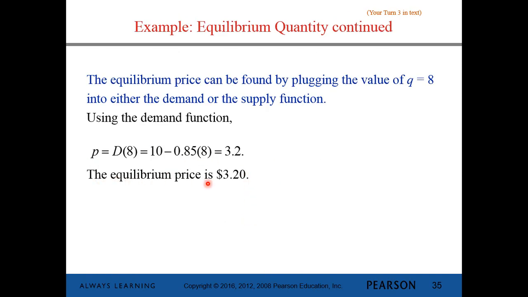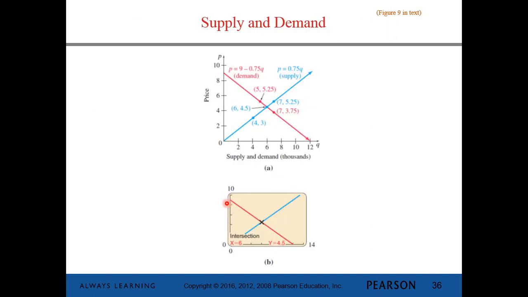Looks like the equilibrium price is going to be $3.20. So if you just mark it down by 10 cents, you will hit the equilibrium quantity, which means you're going to sell 8,000 watermelons a week.